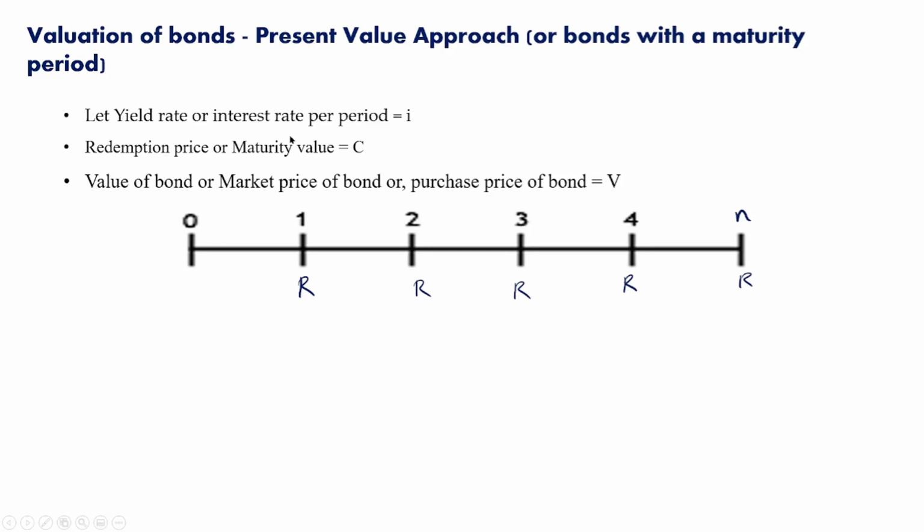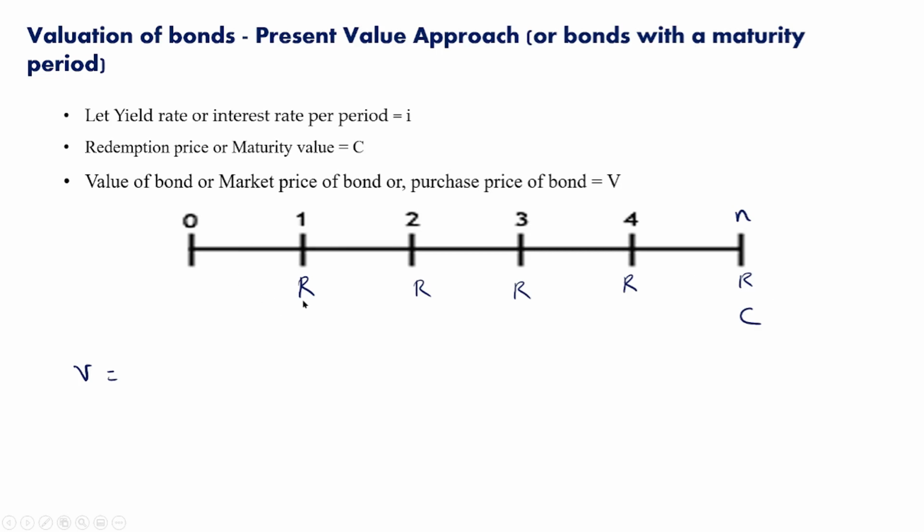So if the redemption price is C, then it has to be paid on the maturity date. So if the interest rate per period is taken as I, then the market price of the bond, or the value of the bond, is given by the present value of all these.